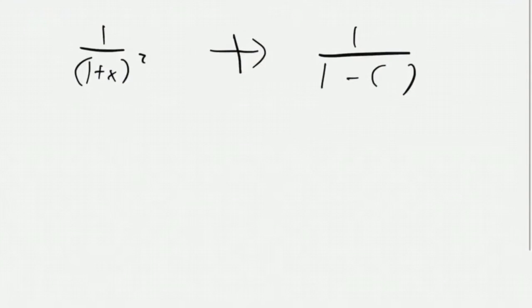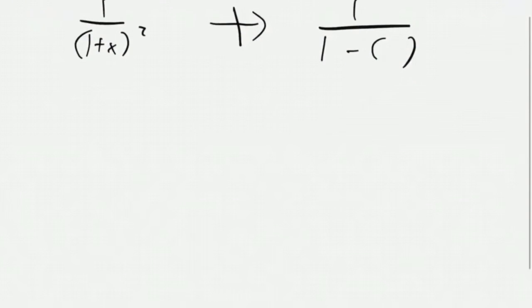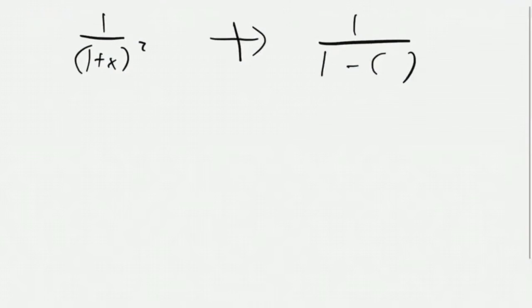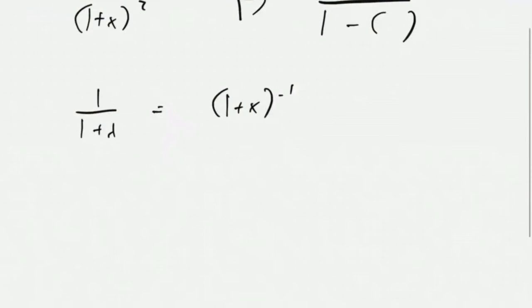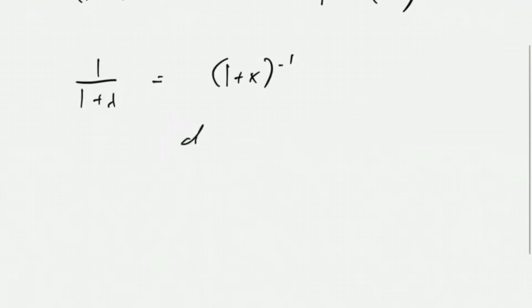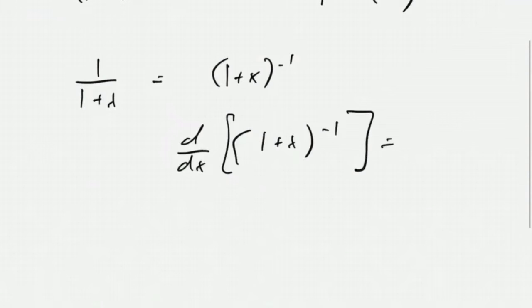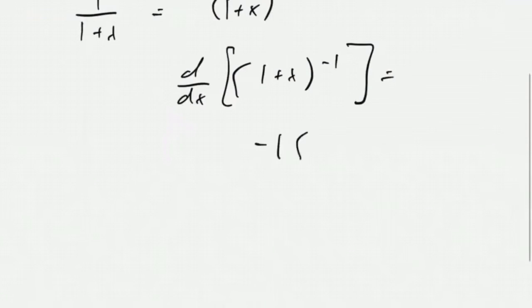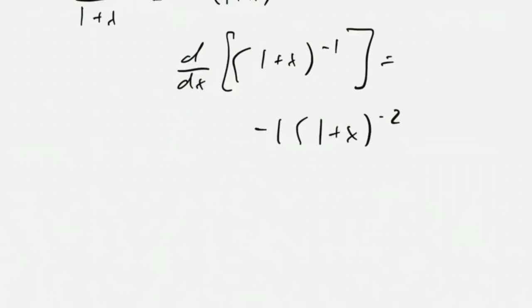But let's see, how are these types of things related? Let's look at 1 over 1 plus x for a second, which I could write as 1 plus x to the -1, right? Look what happens when I take the derivative of this. I think chain rule. That would be -1, 1 plus x to the -2 times the derivative of what's inside, which is 1.